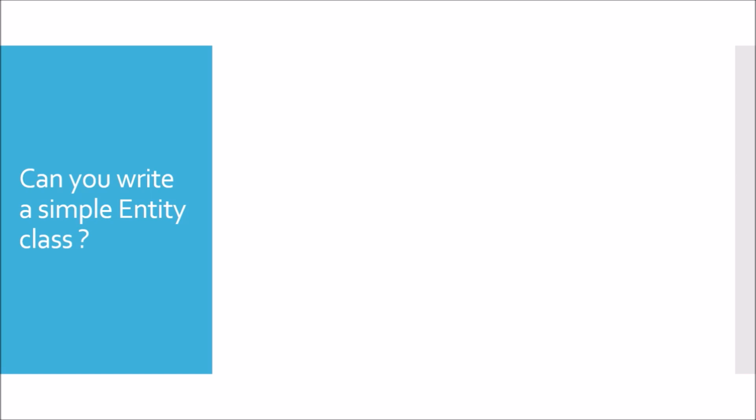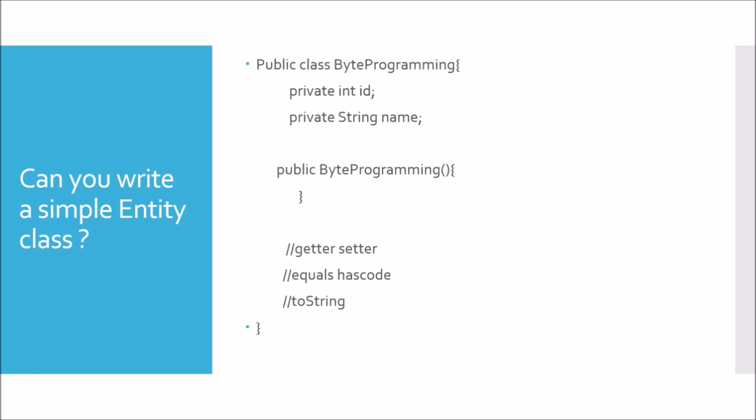For a simple entity class, I would have a class named, let's say, ByteProgramming. Let's say we have only two fields right now, ID and name, of type int and String respectively, and we have a default constructor or no-argument constructor, and then getters and setters for ID and name, and equals and hashCode, or maybe toString also.